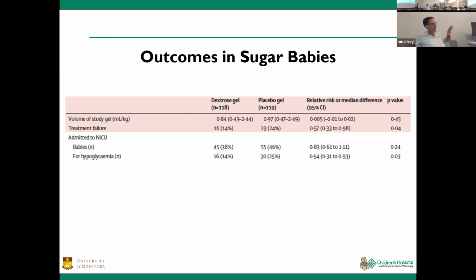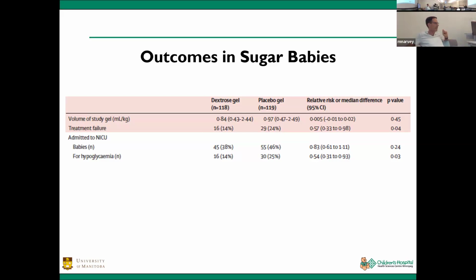So if anybody says to you, does dextrose gel avoid admission? The answer is no. But if they say to you, does dextrose gel avoid admission for hypoglycemia? Purely, the answer is yes. Okay? Because that's what they found, about 50% less admission if you just looked at hypoglycemia.